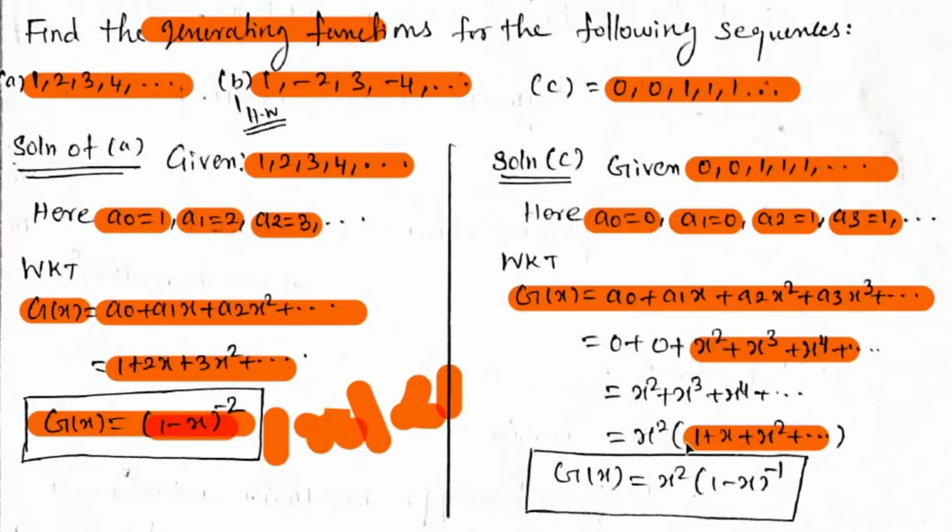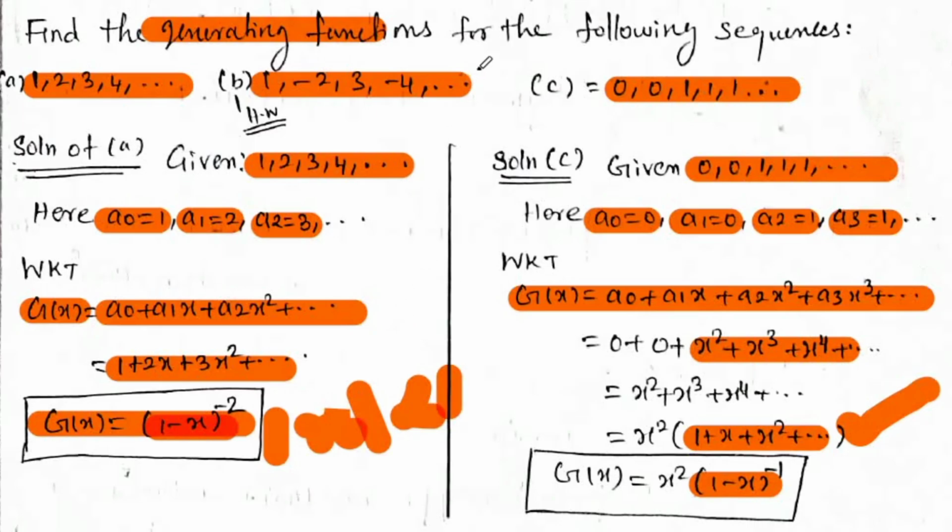If we multiply x square into 1, we get the first term; x square into x gives x cube; similarly we get x power 4. This is a geometric series, so the result is x square over (1 minus x), if modulus of x is strictly less than 1. This is the way to find a generating function for the given problem.